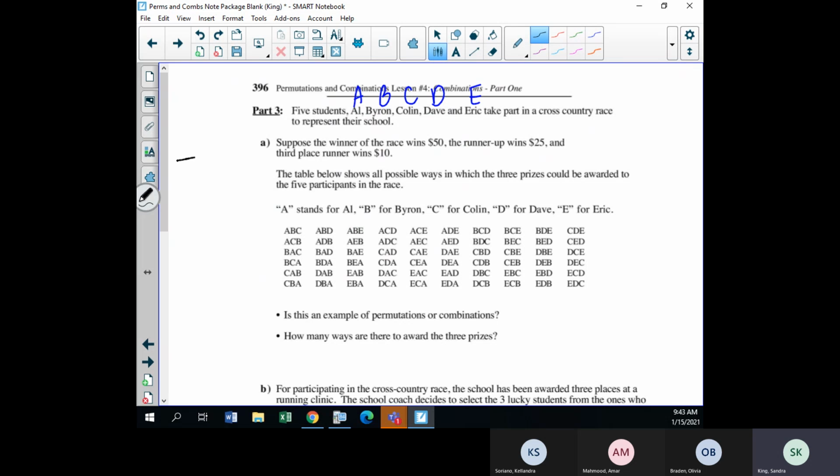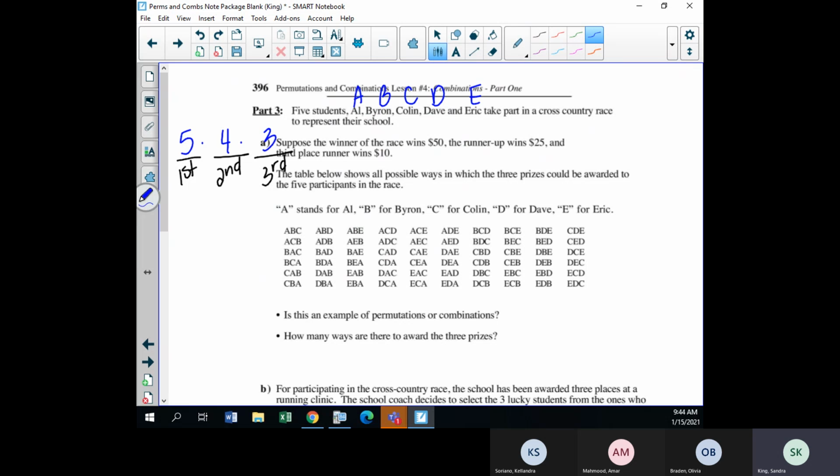A race has a first place, a second place, a third place. If you're running a race, 5 students have the possibility to get first, right? But once the first guy crosses the line, there's 4 people left that vie for the spot of second, followed by third.